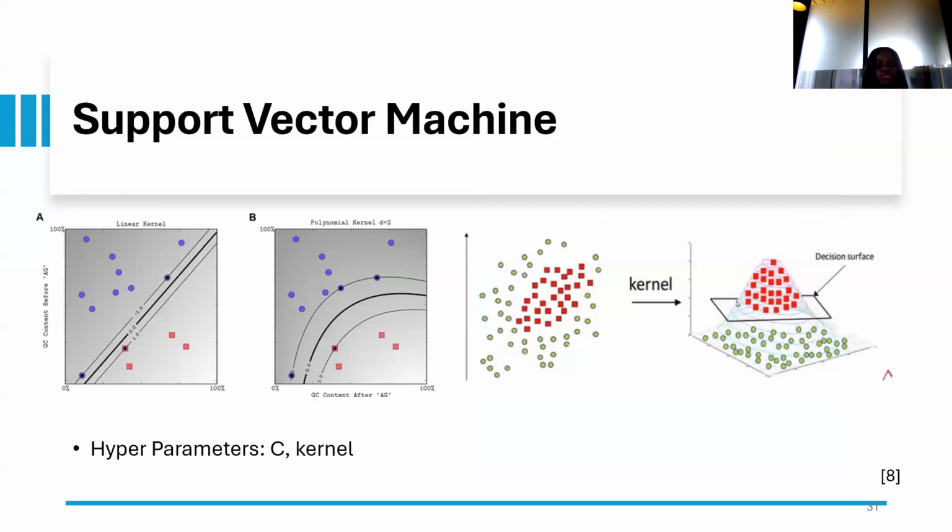With the support vector machine, it can work with finding both linear and non-linear patterns and relationships within the data. As you can see from the first one, this is where it would work in a linear way. What it does is it creates something called a hyperplane, which is a separation between the two pieces of data.